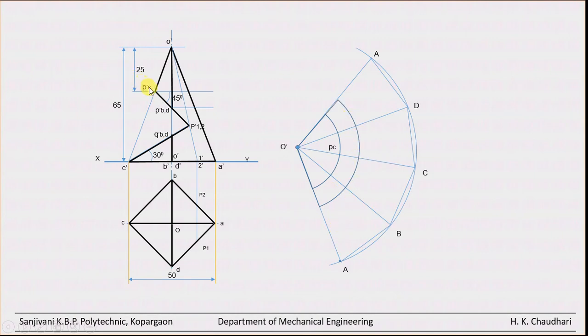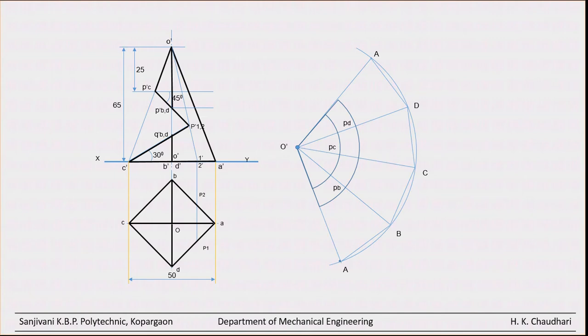So similar to this P dash C, we can locate P dash B and P dash D. The intersection obtained from this arc and the edge OB will be P dash B, correct? And on this OD, that will be P dash D.